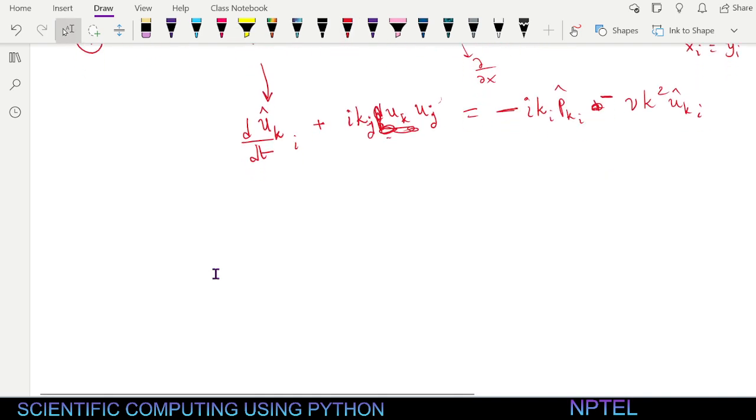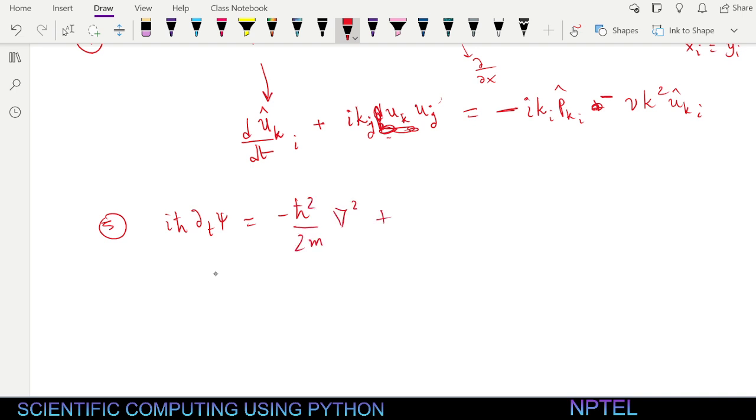Okay. And the last one was our favorite, the Schrodinger equation, the time dependent one, right? Del square plus V times psi. So first you can non-dimensionalize this, right? So you can get rid of these ugly numbers sitting in front of that.